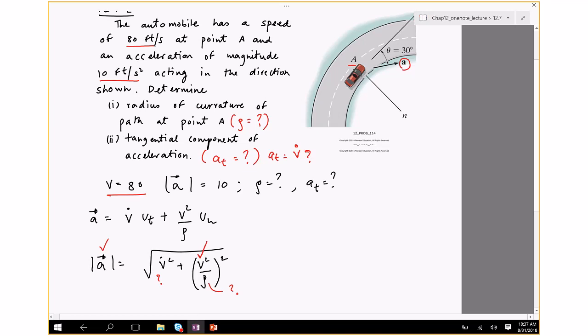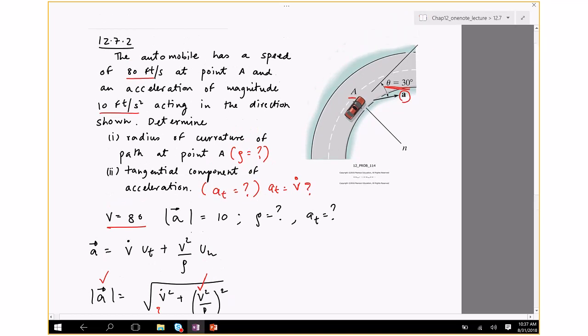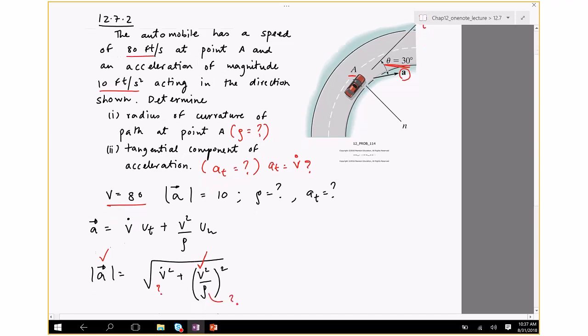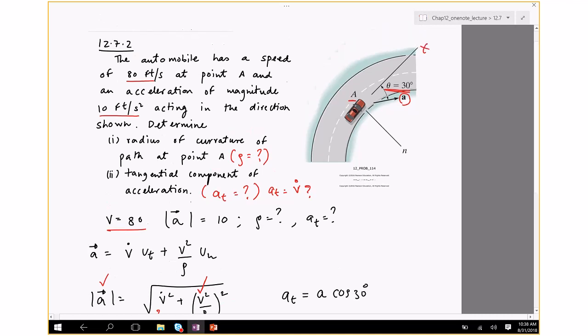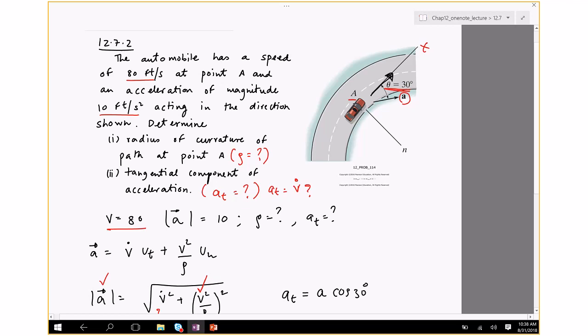Yeah, so the information is given right in this figure. You're given the angle which the acceleration makes with the tangential component, right? You're given that. So you can actually find AT. AT is simply A cosine 30 degrees, right? It's the component of acceleration in this direction. This is AT.